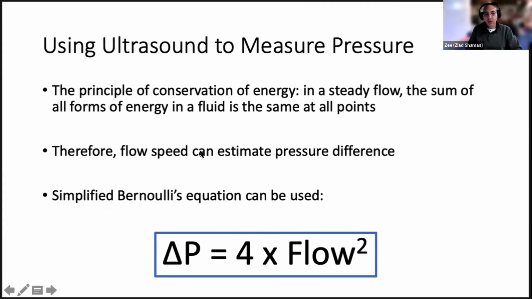So flow speed estimates pressure difference. That's how ultrasound is used to measure pressure. Ultrasound can't measure pressure per se, it can only measure flow speed. So using Bernoulli's equation, where delta pressure is 4 times the flow squared, is the simplified version, which works very well for measuring the pulmonary artery pressure.